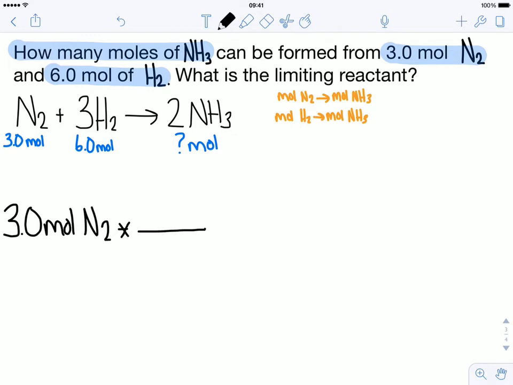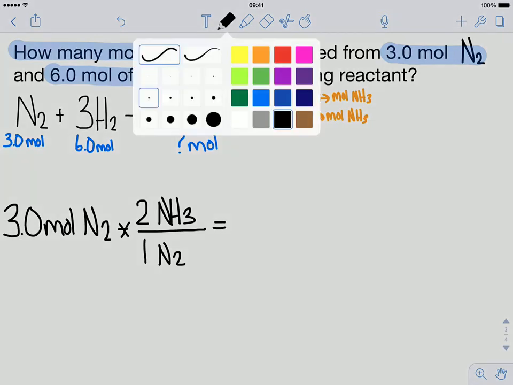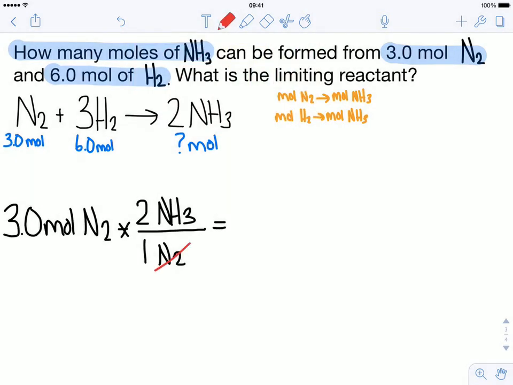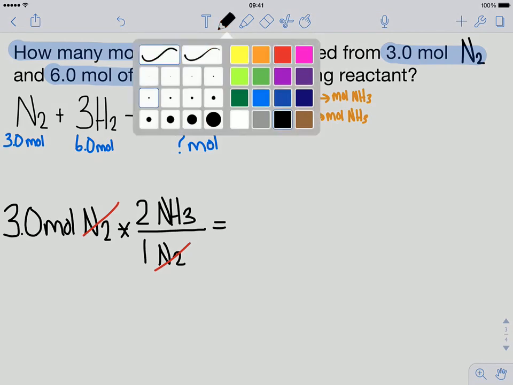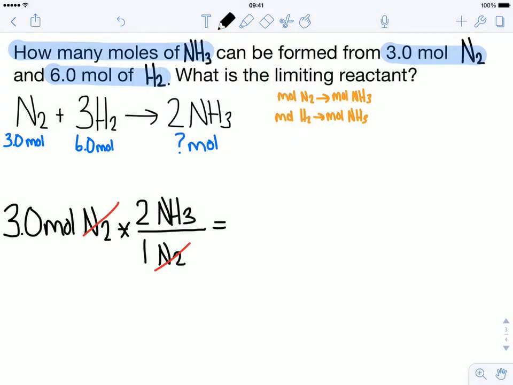So if we're looking at N2 and NH3, what is the molar ratio? So the molar ratio would be 1 N2, which I'm going to put in the denominator since we want N2 to cancel out. And then on the top, I'm going to put 2 NH3. Now if we cancel out our units, N2 cancels with N2, and 3.0 times 2 divided by 1 gives us 6.0.